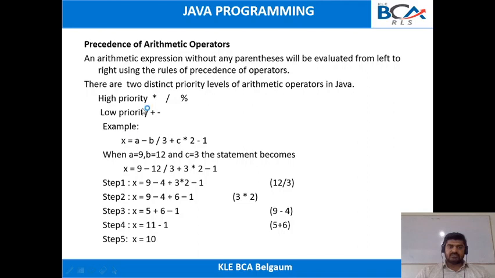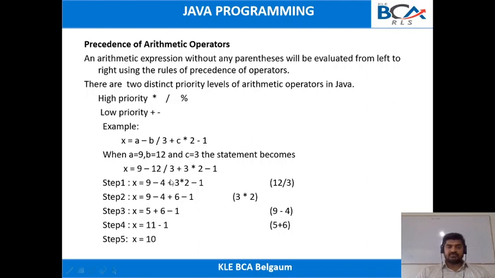We already know that multiplication, division and modulus have high priority, and subtraction and addition have low priority. Whenever you find a multiplication, division or modulus operator, you need to evaluate that first. So consider x equal to 9 minus 12 divided by 3 plus 3 into 2 minus 1.